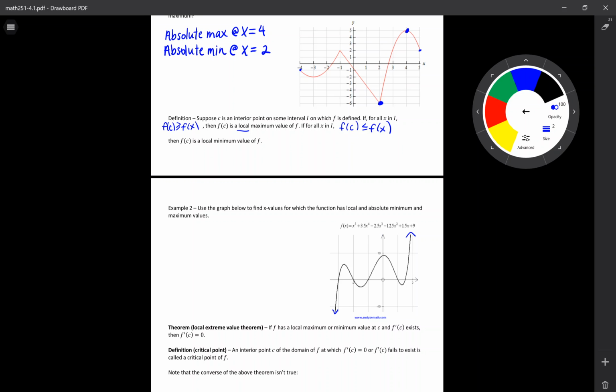Well, first of all, since I have an arrow down and an arrow up, that's telling me that I am not on a closed interval, so I'm not guaranteed an absolute max or an absolute min. And because I have one in the positive infinity and one in the negative infinity direction, I don't have either one, right? My x values are increasing on this side forever and decreasing on this side forever. So I don't have an absolute max or min.